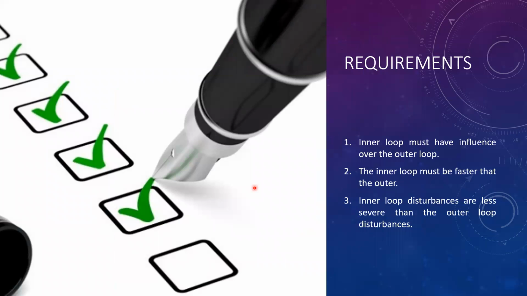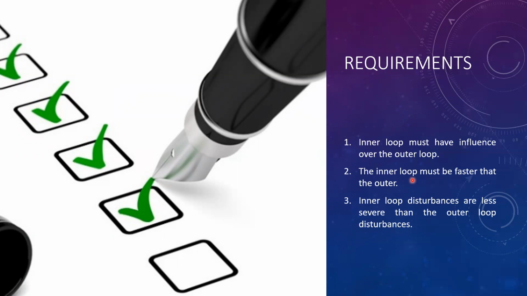Now, some requirements for the cascade control system. The first is that the inner loop must have influence over the outer loop, meaning that the actions of the secondary controller must affect the primary process in a predictable and repeatable way. The second one is that the inner loop must be faster than the outer loop, so the secondary process must be able to react to the secondary controller's efforts at least 3 or 4 times faster than the primary process to the primary controller.